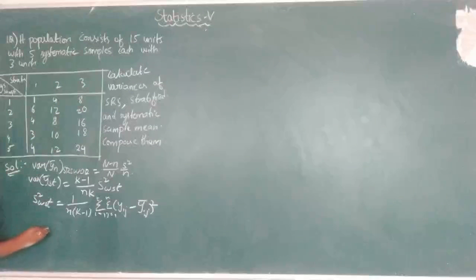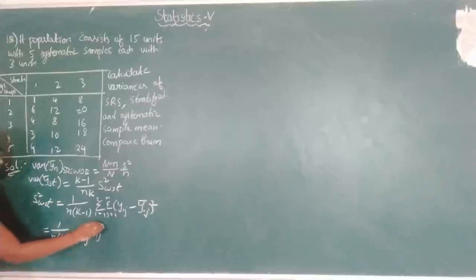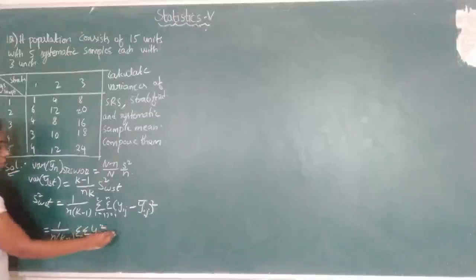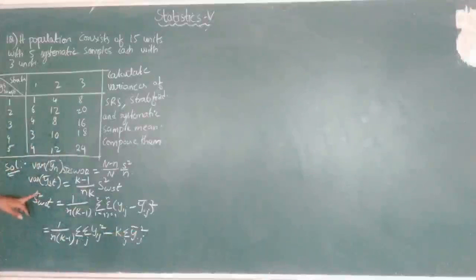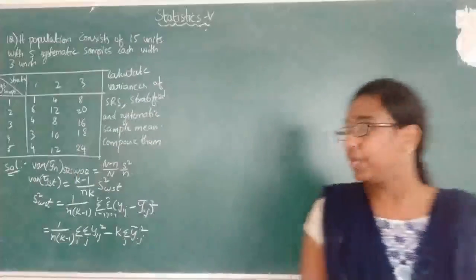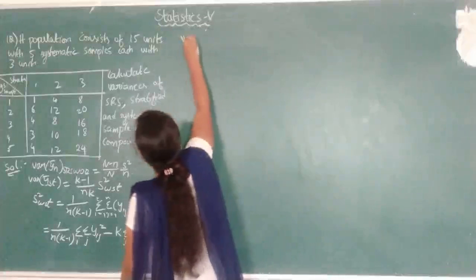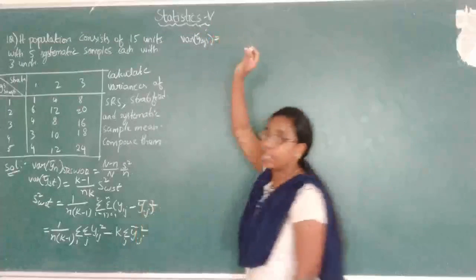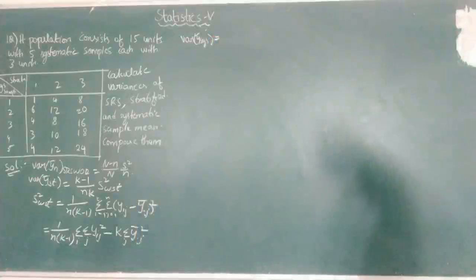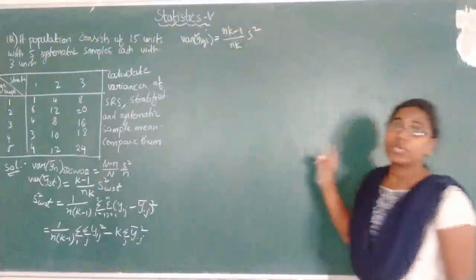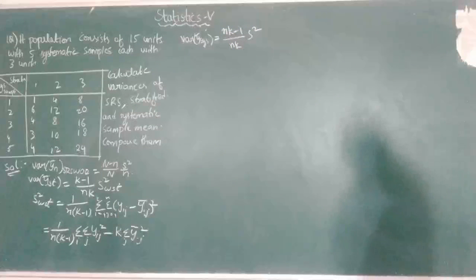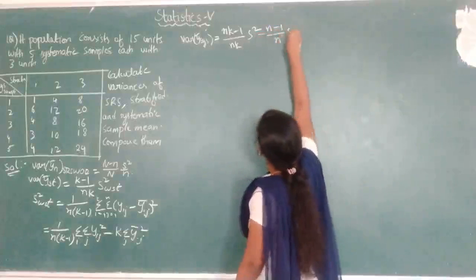So by simplifying, we get (nk minus 1) by nk into s square, where s square is the population mean square, minus (n minus 1) by n into S square w sy.